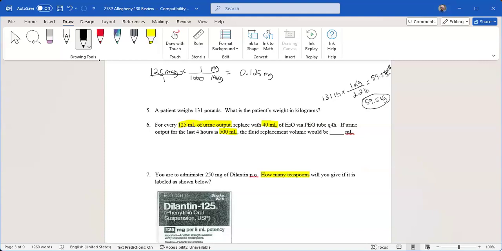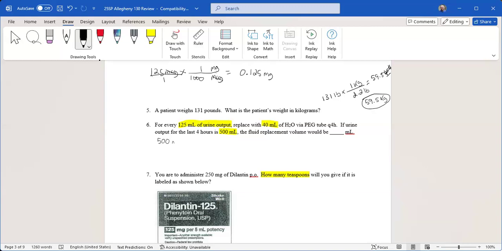So the way I would do this is I would take the volume out. All right, so let's say I have 500 milliliters.